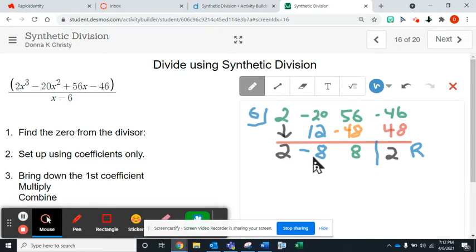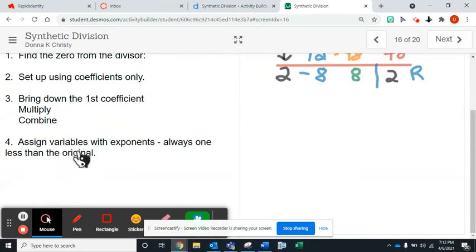Now, we used coefficients to divide all of these numbers, so now we have to put the variables back in. These numbers are the coefficients in front of the variables. So let's think about this. If I divide x into x cubed, it's going to be x squared. It's going to be 1 less.